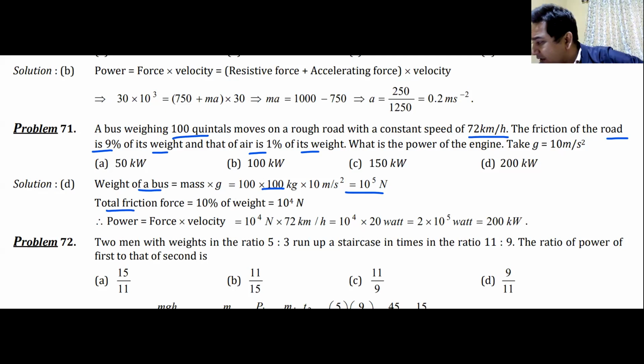Yesterday, someone was asking me, I think it was Vahini, what is air resistance? Whenever something is moving inside a fluid, you must have read this in your chapter on fluids, that fluid will offer resistance. Water is a fluid. Air is a fluid.